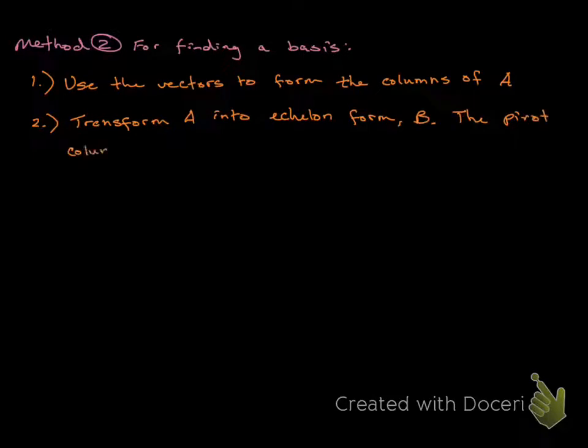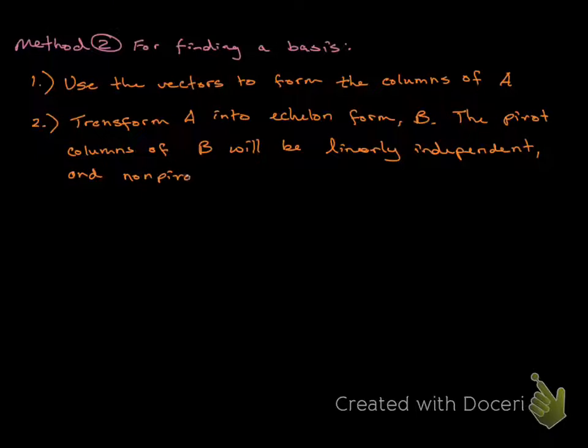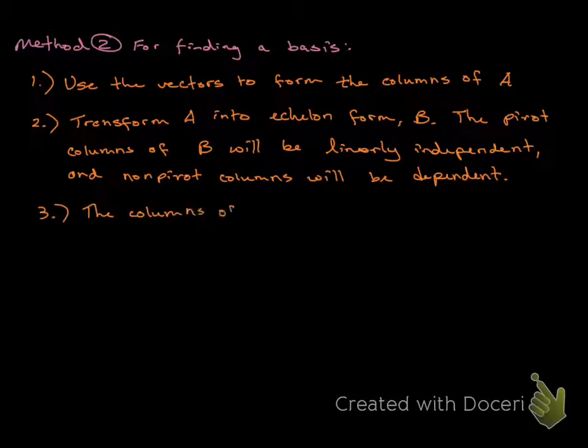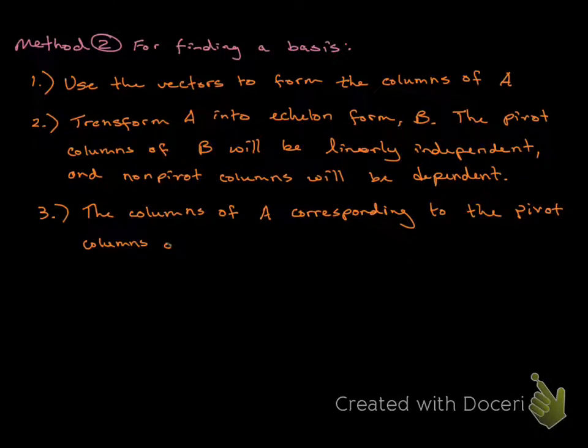Then the pivot columns of B will be linearly independent, and the non-pivot columns will be linearly dependent. So from there, the columns of A that correspond to the pivot columns of B will form a basis for S.